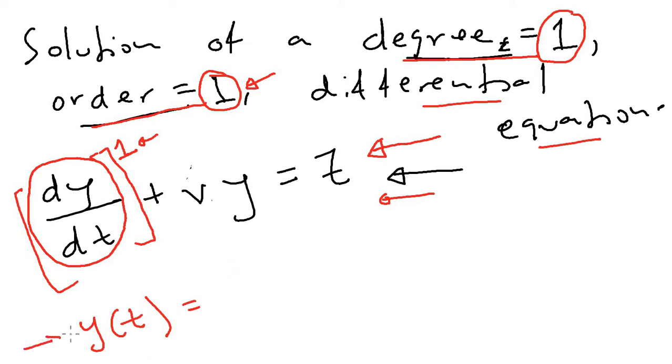So the solution of this differential equation is equal to e to the power this particular negative integral. So this v that you see here is being used here, and then you have to multiply this with a.